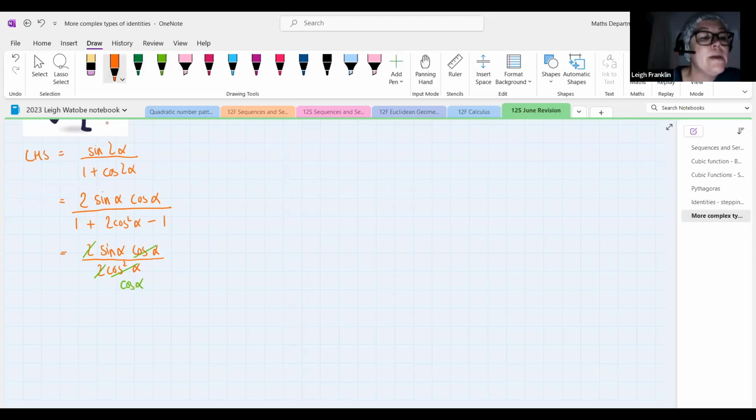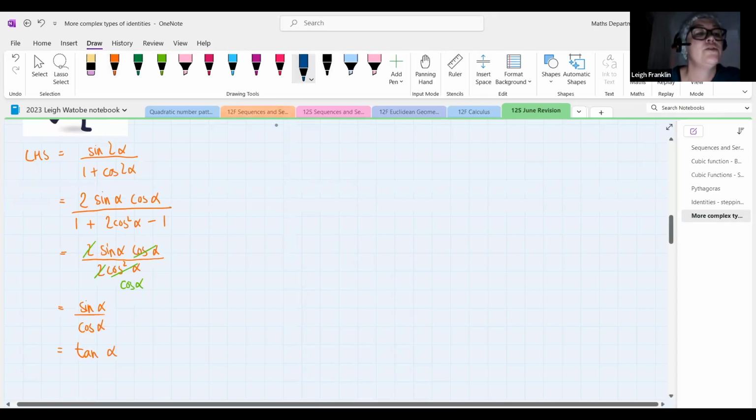And now we are left with sine alpha over cos alpha, and that's what we wanted because that's equal to tan alpha. Okay, so that part wasn't too bad. You get a mark every time you use an identity.